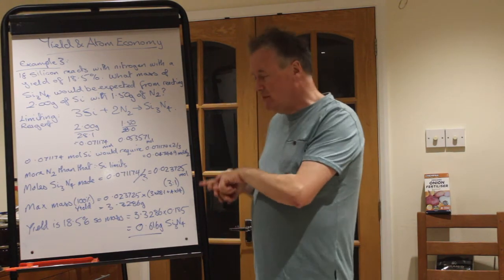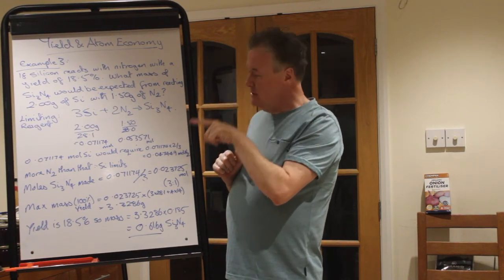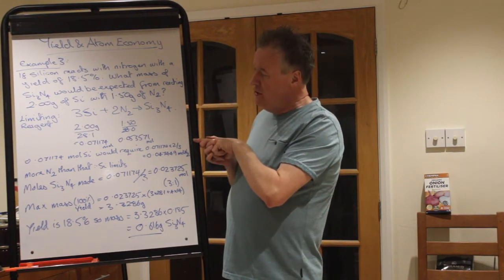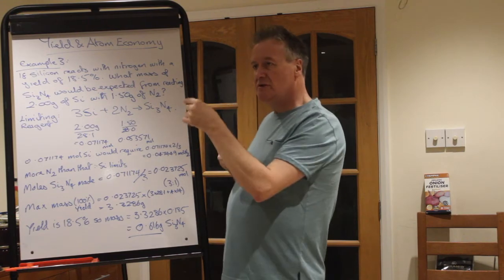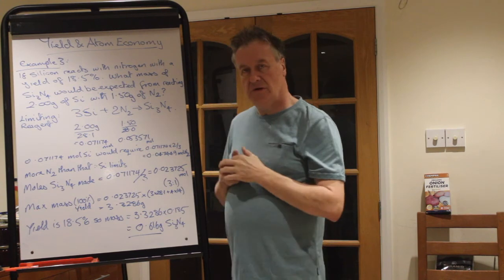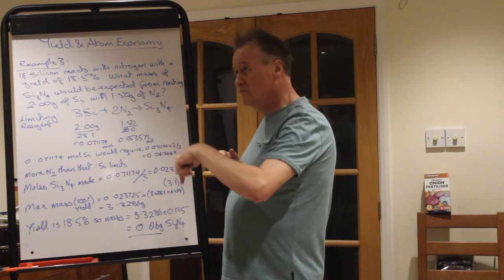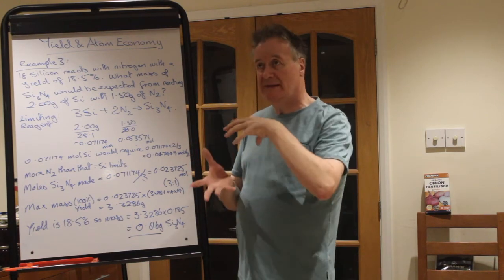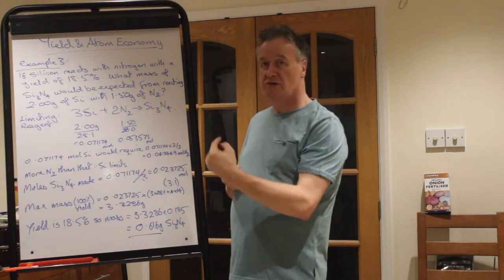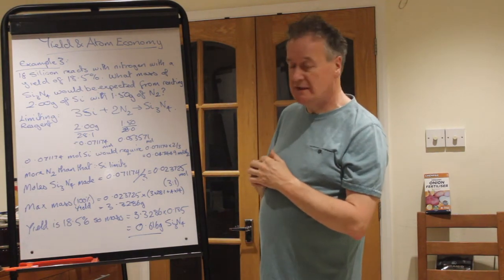So if you just look at that process: limiting reagent determination, followed by using the one that limits to find out how much silicon nitride you would have made at 100% yield, turn that into the number of grams you would have made, and then do the reduction to 18.5% of the maximum 100% amount.